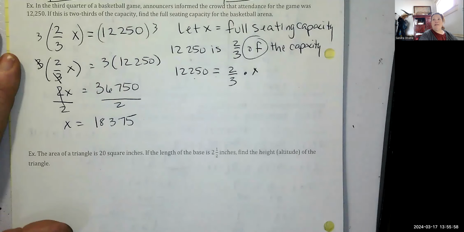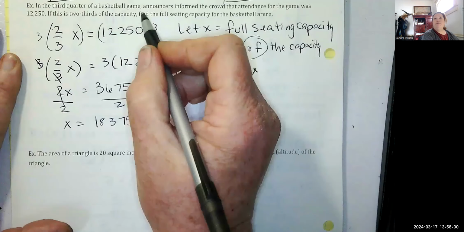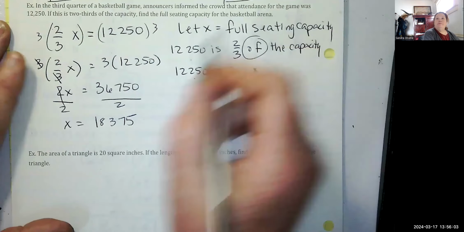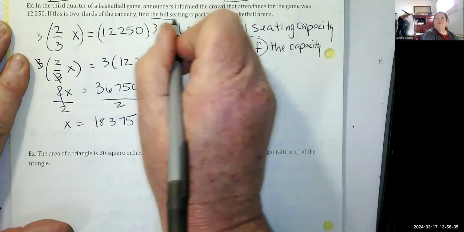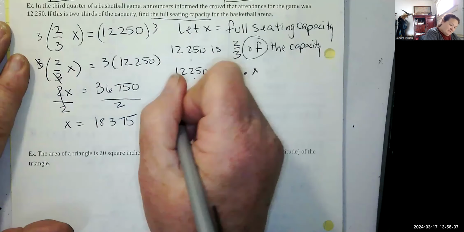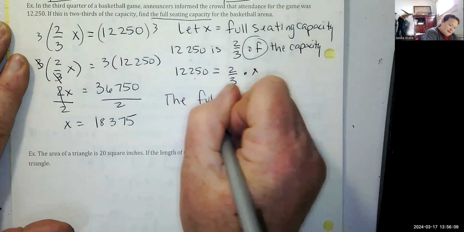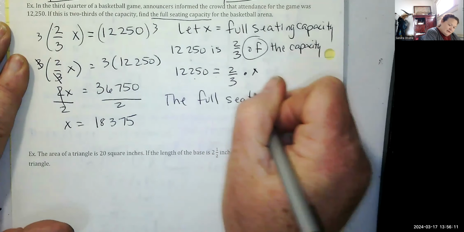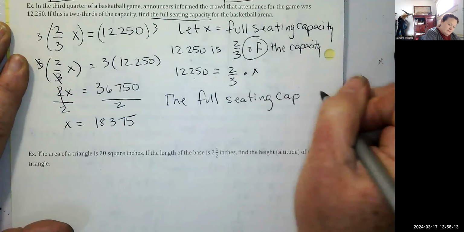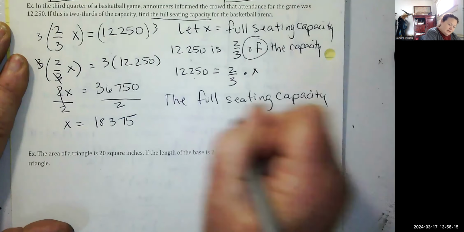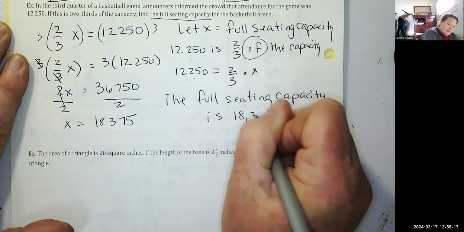But we have to answer in sentence form. Find the full seating capacity for the basketball arena. I'm going to use their words. The full seating capacity is 18,375.